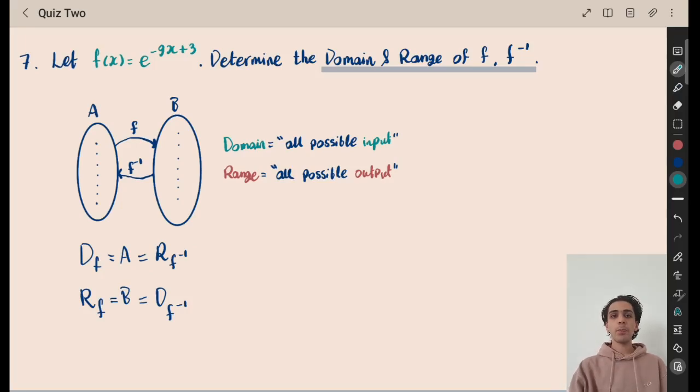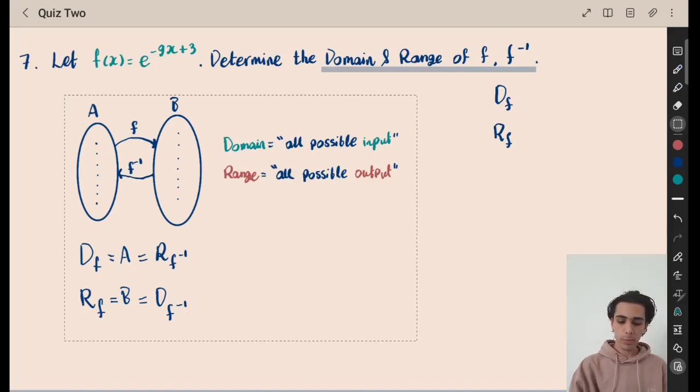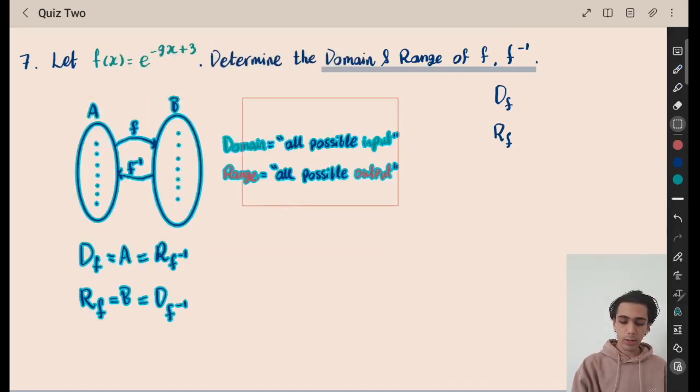So, to clarify this point, if we can find the domain of f and the range of f, then the domain and range of f inverse come to us for free. It's very cheap. We don't need to go out and seek what the domain or the range of this inverse function is going to be. So I hope this is now cleared out of the way.